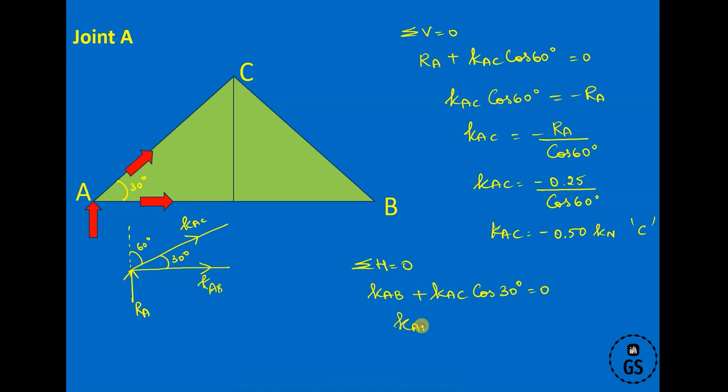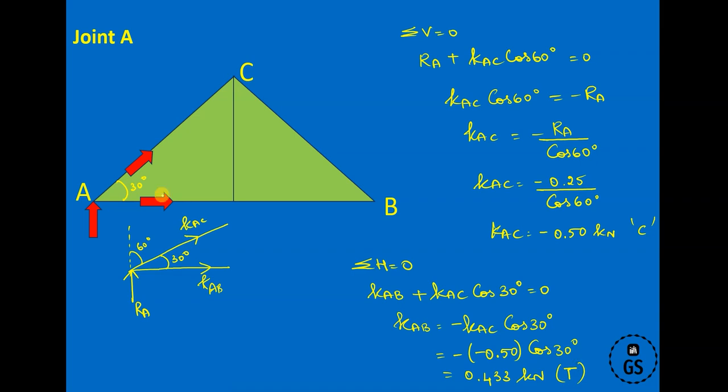We can bring it out in a similar way: minus KAC cos 30 degrees. KAC is already negative, so minus 0.50 and cos 30 degrees. Minus into minus will be plus, so we get KAB about 0.433 kilonewton, and this is in tension.